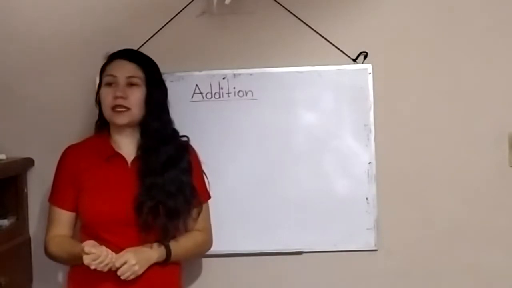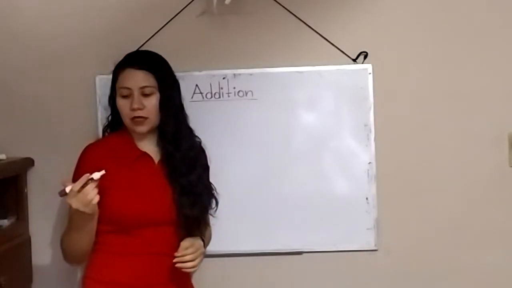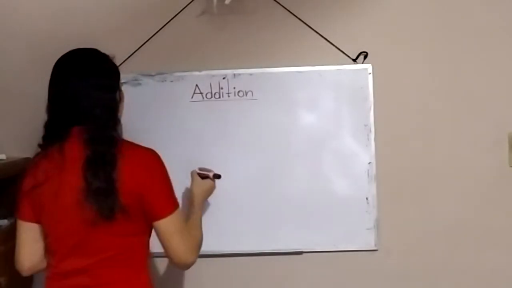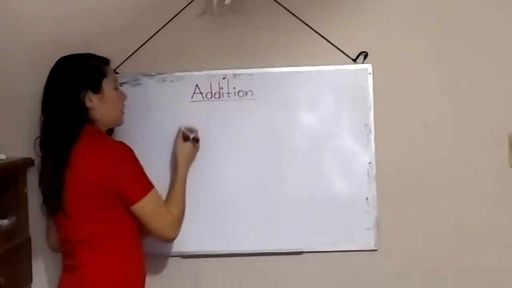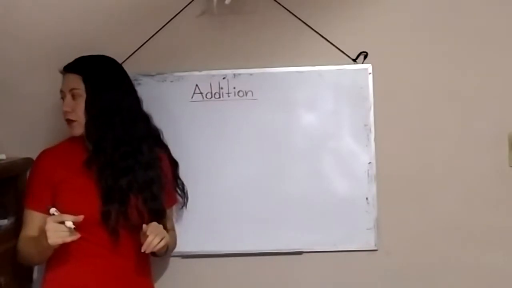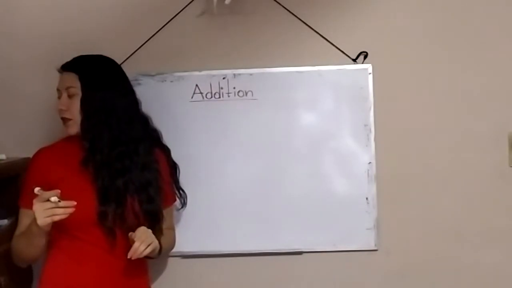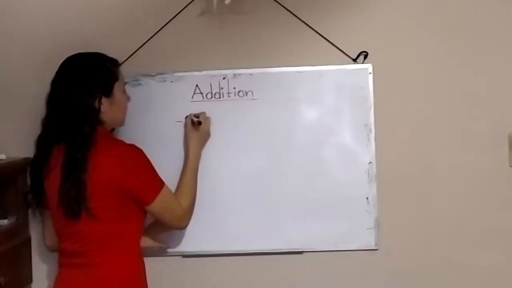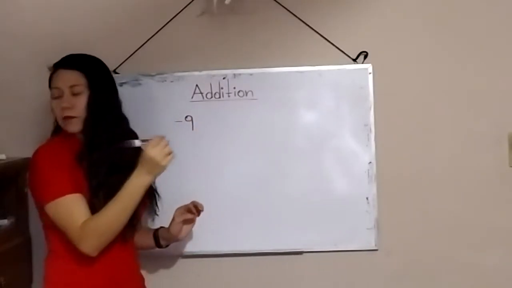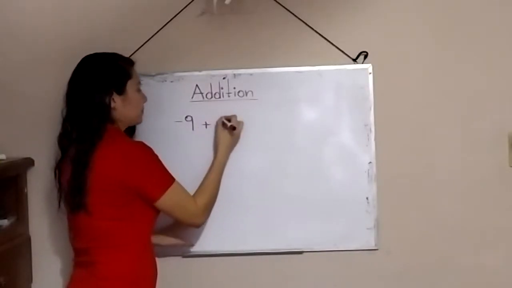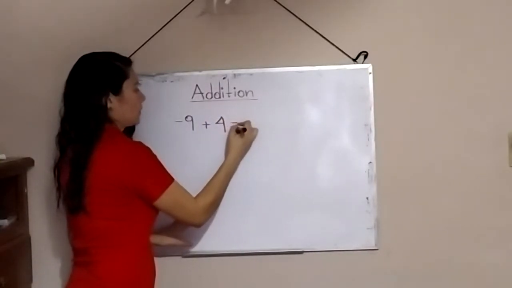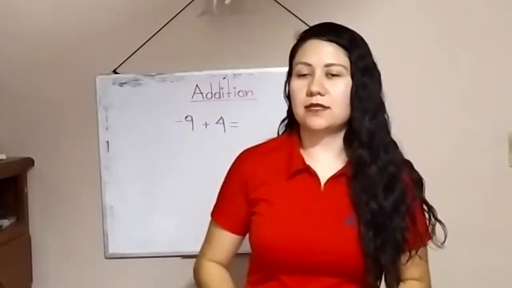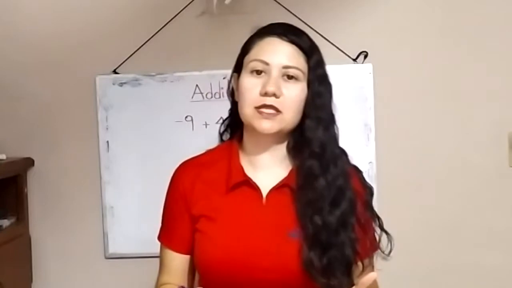Let's solve the skill check number 2 on the board for you to follow the steps. The first example is -9 plus 4. What are we going to do? Let's continue working with the same example.